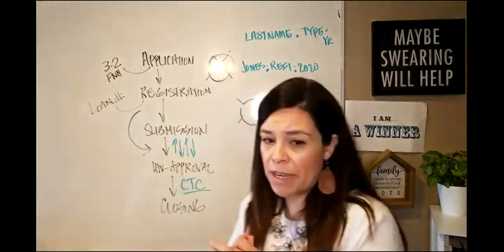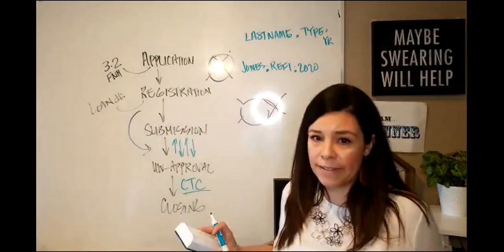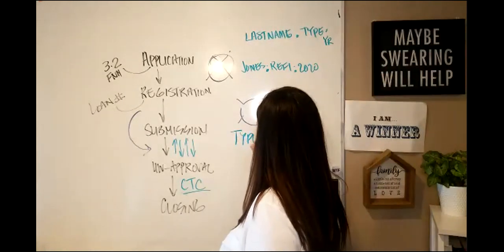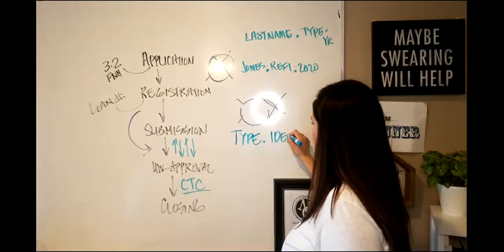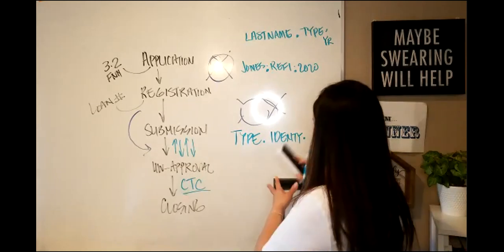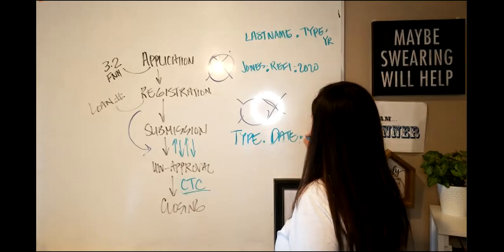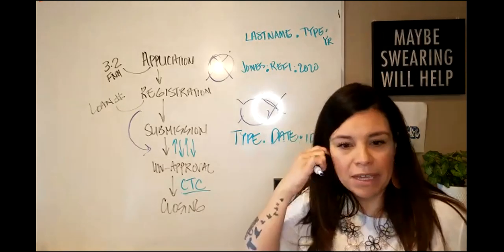Now, when you get documents, I'm going to tell you that you should label them all the same. Okay, so you should label it the type, and then the identity. Sorry, the type, the date, and then the identity. Okay, so what does that mean?